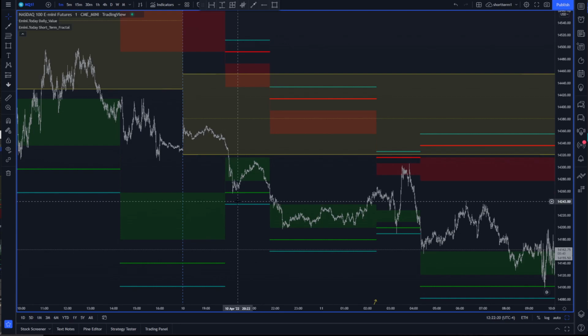But again, there's nothing wrong in taking this trade with a small stop below and even scalping this or whatever, right?